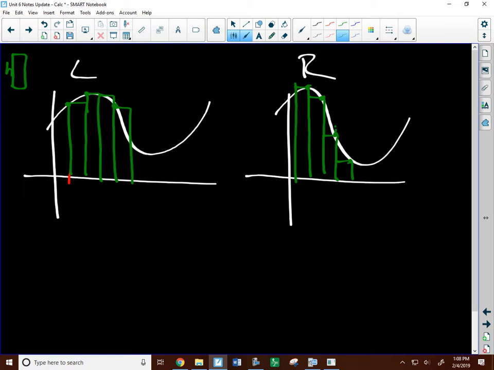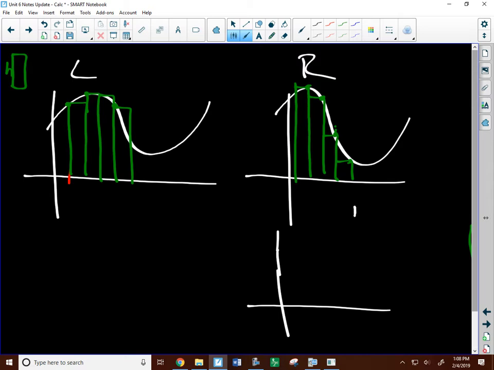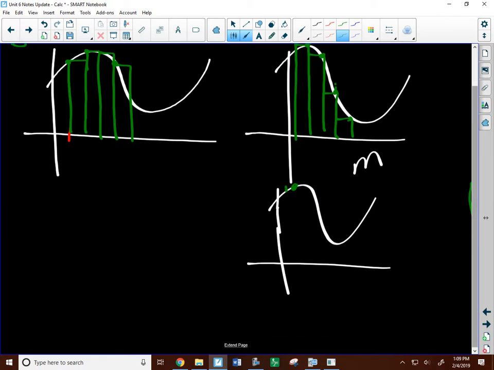And then midpoint would just be, let's see if I can. So that's right. Here's midpoint. So midpoint would be if that's the midpoint of my rectangle. So my rectangle would be like this.